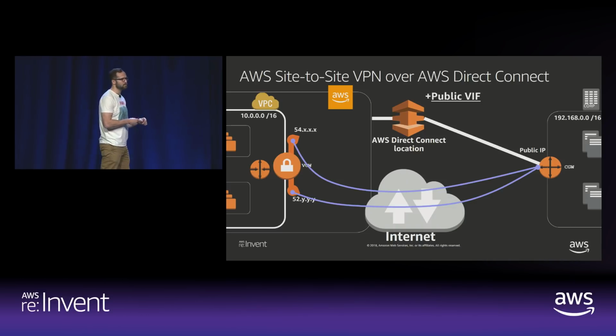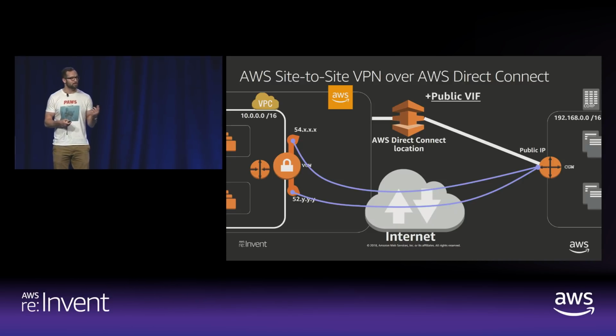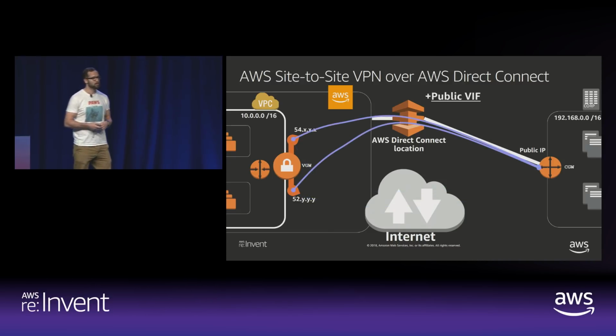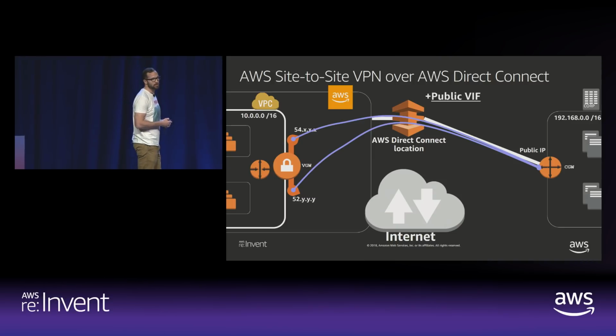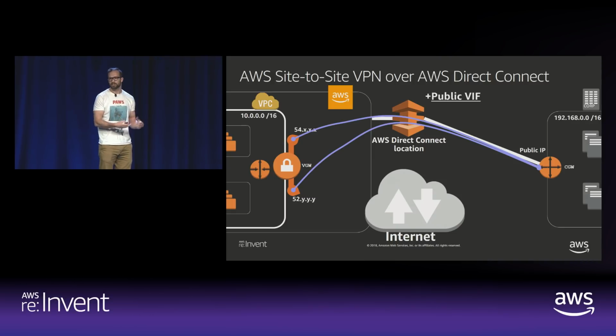So that includes S3, DynamoDB, but it also includes those public VPN termination endpoints. So as soon as your device starts seeing the route to those VPN termination endpoints through the public VIF, those tunnels will actually automatically move over to your Direct Connect connection. So now you've added network layer encryption to your Direct Connect connection.